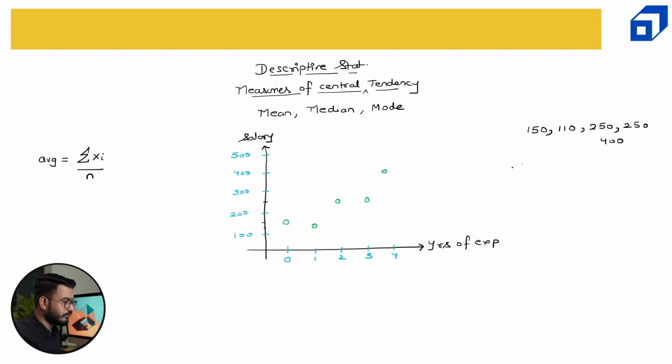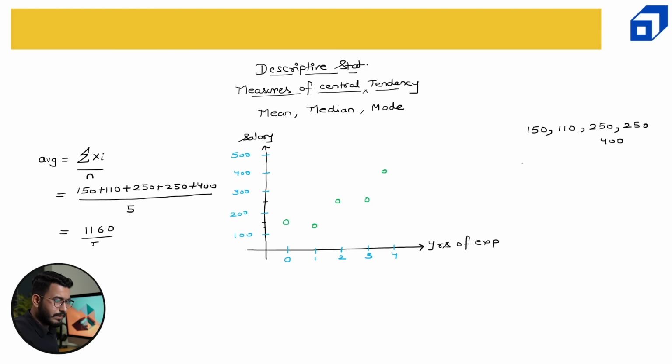Let's add them. So it is equal to 150 plus 110 plus 250 plus 250 plus 400 divided by 1, 2, 3, 4, 5. So you will get 500, 900, 1000, 1200. So this will come out to be 1160.